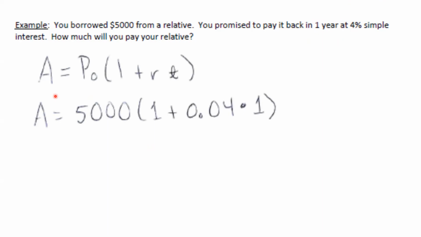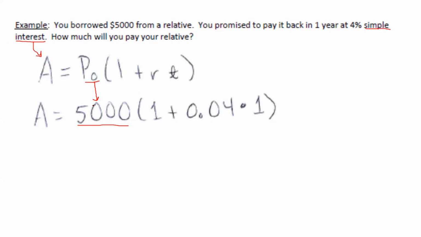And so we end up with 5,000 as our P0. Let me get a little marker on here. So we've got our P0, our starting value, as $5,000. We knew that we were using this formula in general because we saw simple interest. Since it's simple interest, we were using this formula.